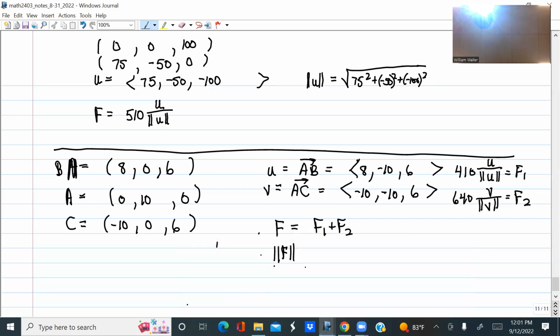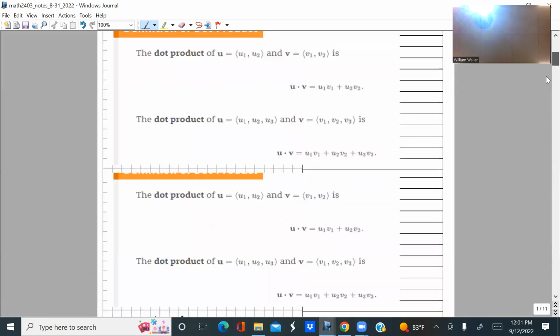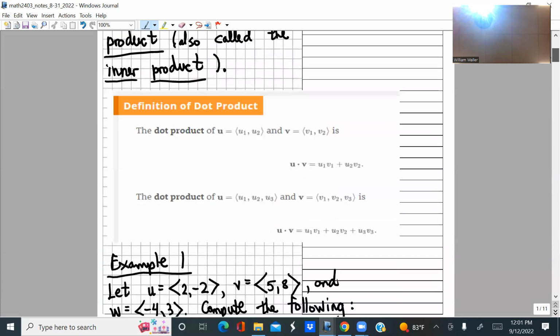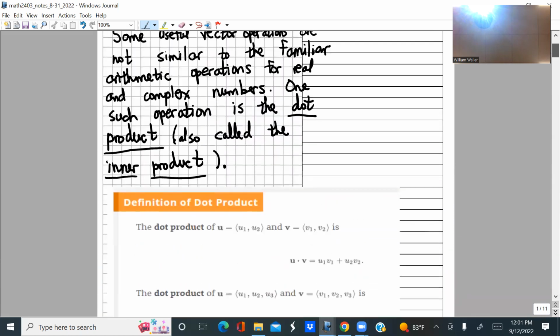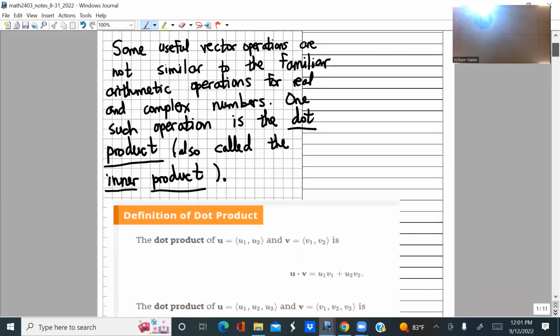All right. Well, let's switch back now to the notes. And we had just last time started talking about dot products. Dot products are very easy to calculate, so you won't have difficulty computing them at all. It's the applications of dot products that are really of interest to us.